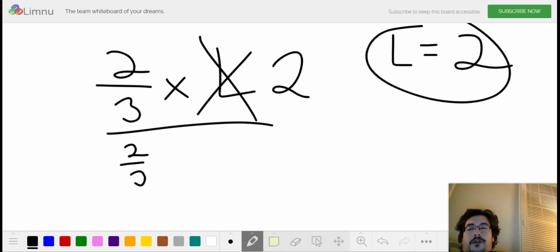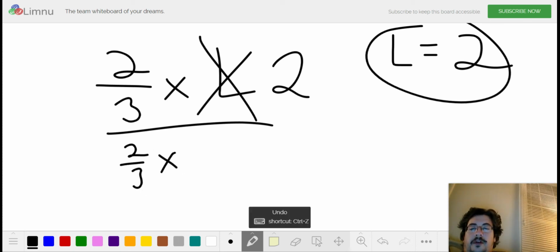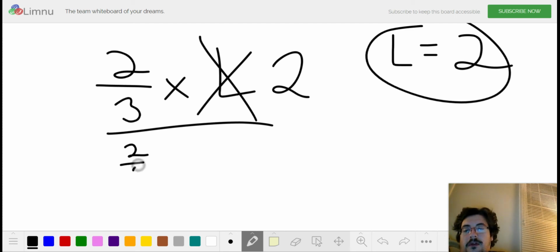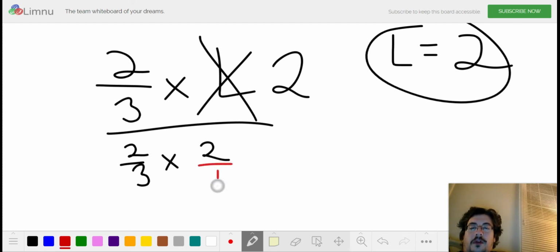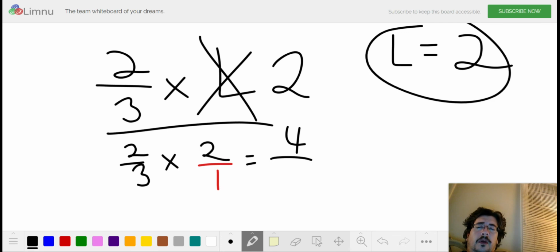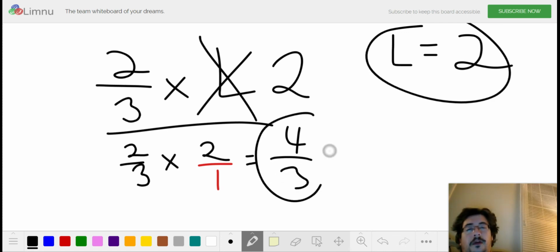So we got 2/3 times 2. You don't want to forget the 1 under the whole number, although it's not a requirement, but it can help you. 2 times 2 gives you 4. 3 times 1 gives you 3. And so you just evaluated 2/3 times L when L equals 2.